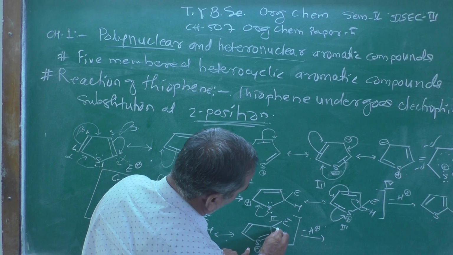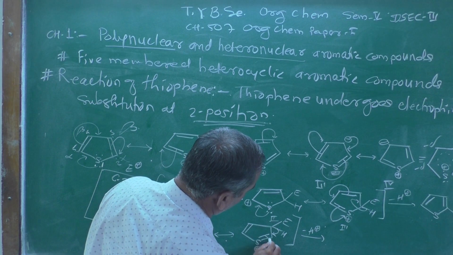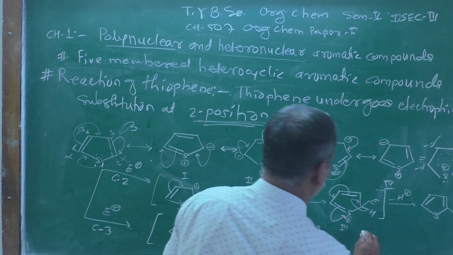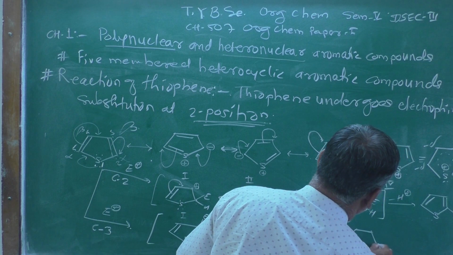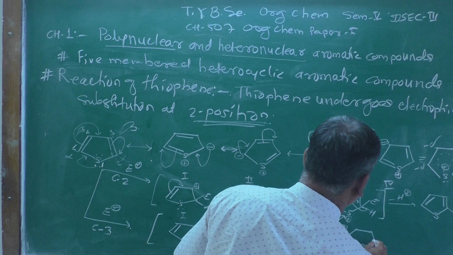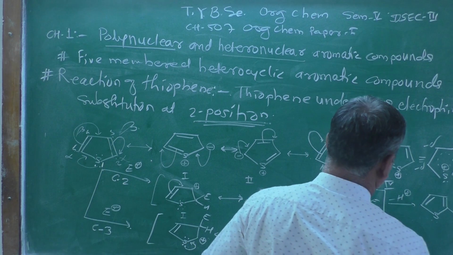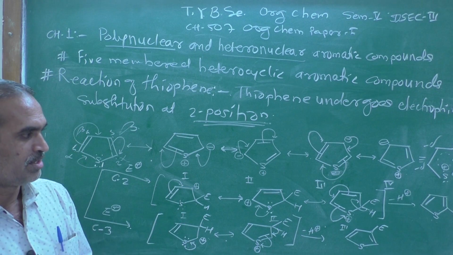After losing that proton, forming a double bond here, neutralizing that positive charge, finally you will get this structure. Now here double bond, here double bond, and the electrophile is here, right?